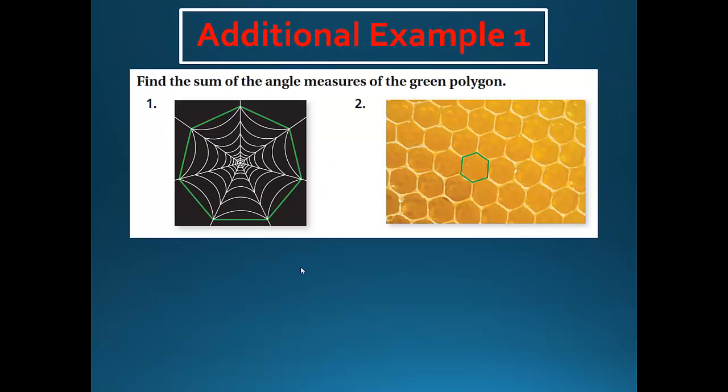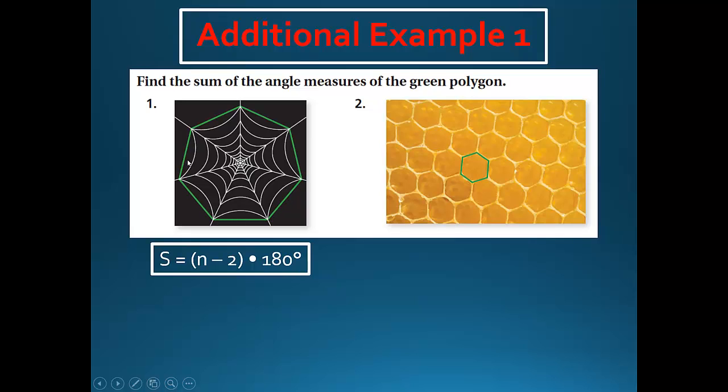Now we have an additional example. You can pause the video and try it on your own, or you may follow along. Find the sum of the angle measures of the green polygon. So first we're going to start with our formula. S equals the quantity n minus 2 times 180 degrees. We now need to figure out how many sides we have. So for the first polygon, we have 1, 2, 3, 4, 5, 6, 7 sides.